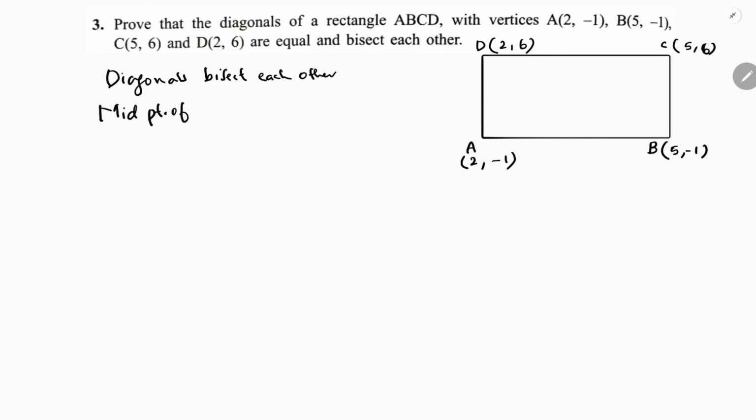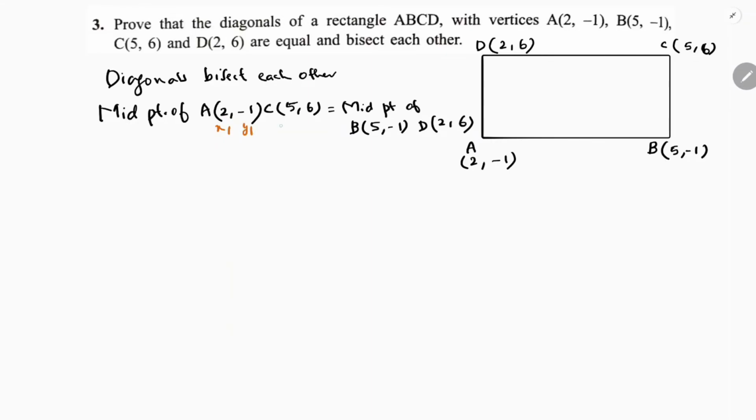Midpoint of A (2, -1), C (5, 6) equals midpoint of B (5, -1), D (2, 6).